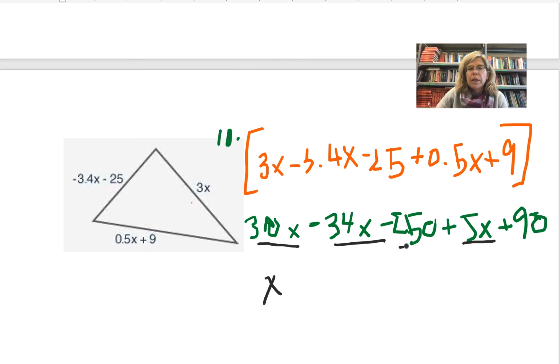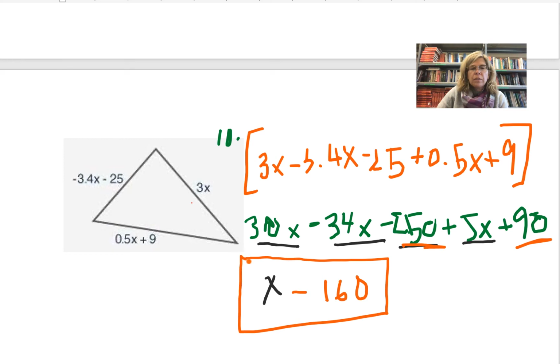Constant, so we have minus 250 plus 90, and that is minus 160. So then we can say that our answer is x minus 160, the polynomial version of the perimeter of this.